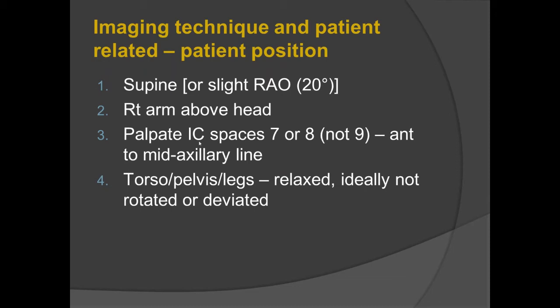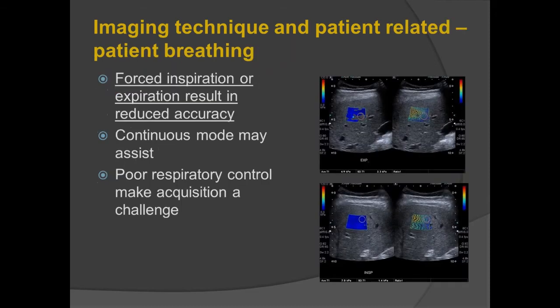But ideally we found the best way to do elastography was with the patient supine, not rolled up, having the arm just crossed across the chest, and again using intercostal spaces 7 or 8, and not being too anterior and keeping the patient relaxed. Now, Paula King, who's an amazing sonographer who does a lot of elastography at Royal Melbourne, reinforced this, that a relaxed patient is the best type of patient to do elastography on.